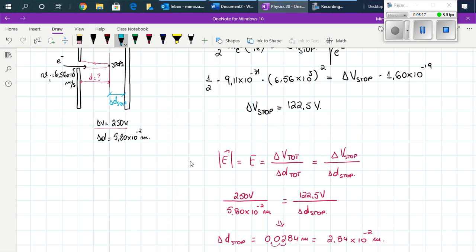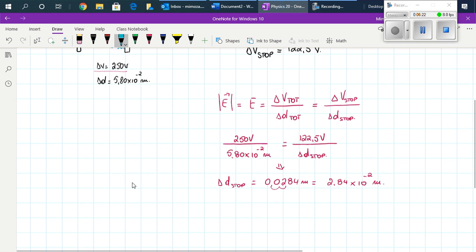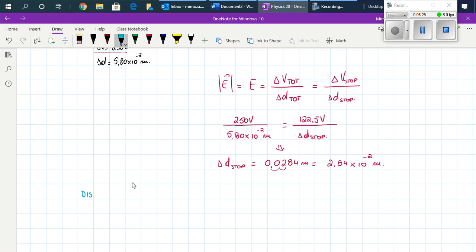Everything is measured from the negative plate. The distance that the particle is traveling will be the total distance between the parallel plates minus the distance from the negative plate until it stops.